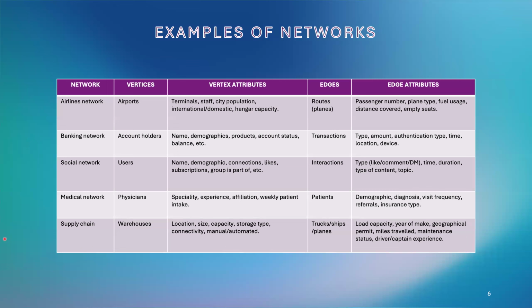And for edges, we can have trucks, for instance, but also ships or planes. Then as attributes based on which type of transportation vehicles we have available, it could be the load capacity, the year of make, the geographical permit for the vehicle, the miles traveled, maintenance status, the driver or the captain experience, and so on.